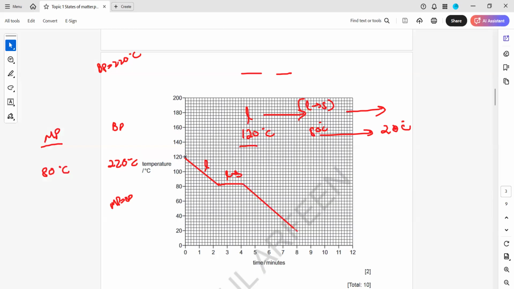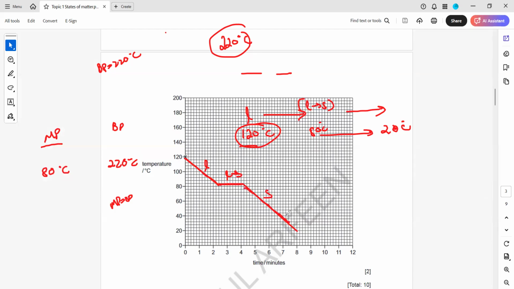Sir, I have a question. Yes. So in the state where liquid is changing to solid, there would be no temperature change. No temperature change. When a solid turns into a liquid, or a liquid turns into a gas, whenever there is a change in state, there is no change in temperature. The boiling point of the substance is 220, but we don't have 220, we have 120. So at 120, it will be liquid. Initially the liquid temperature is decreasing. Then the liquid is turning into a solid and then it will be solid.